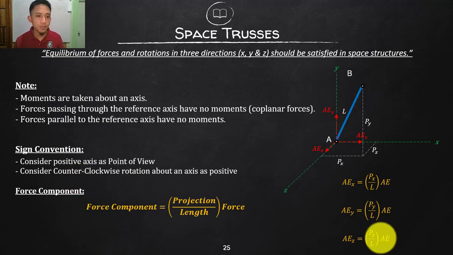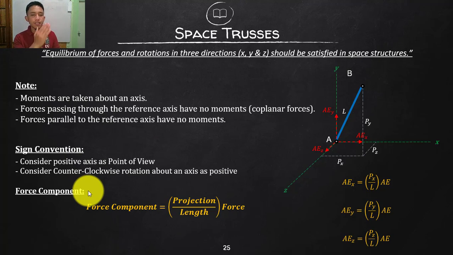Okay, so now let's proceed with the force component. If your force is inclined, then there should be components, just like in a 2D plane or 2D structure. If that is inclined, there will be components in the horizontal and vertical. But this time we have the third dimension, which is the z-axis.